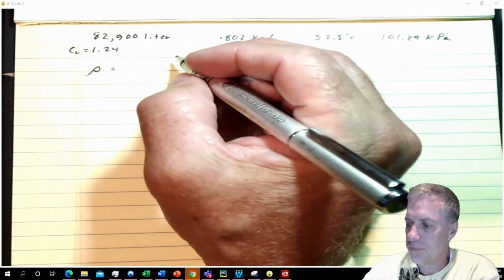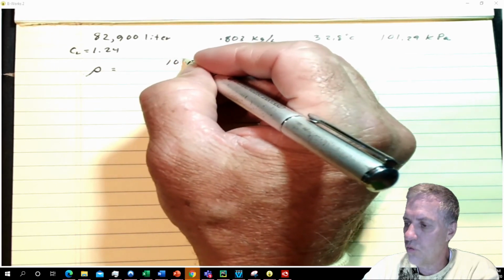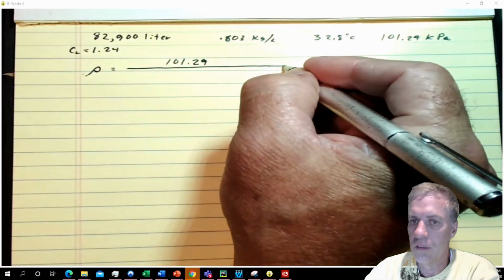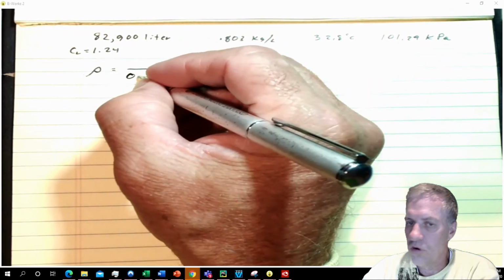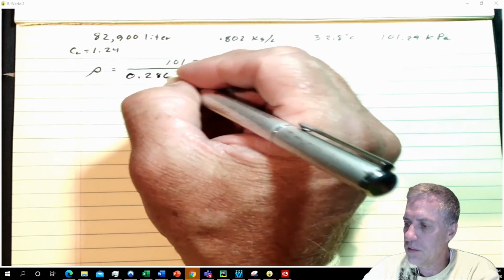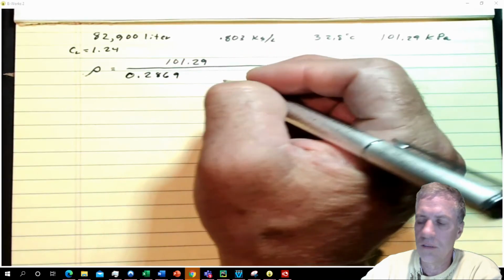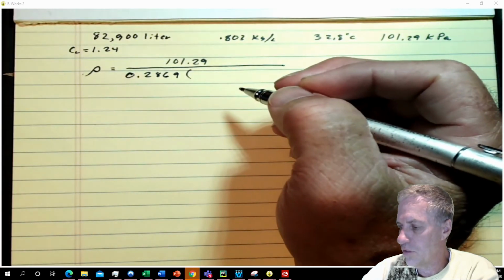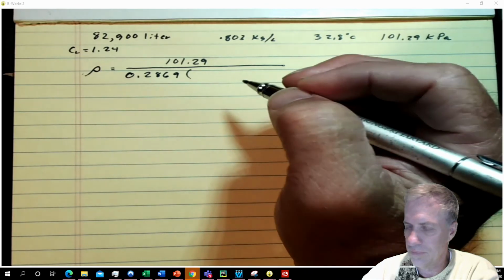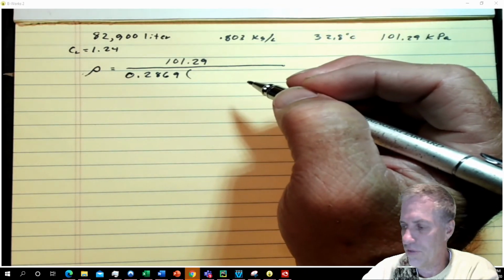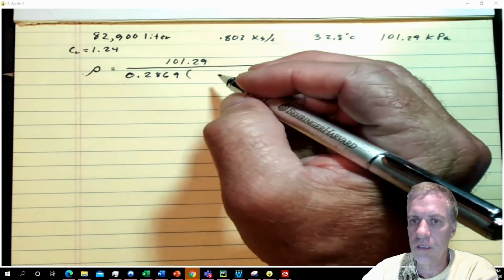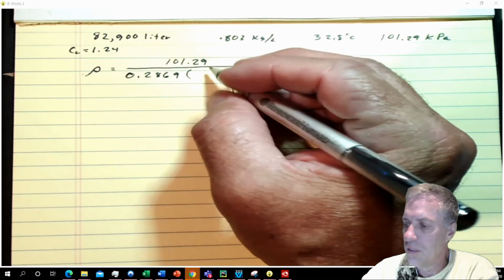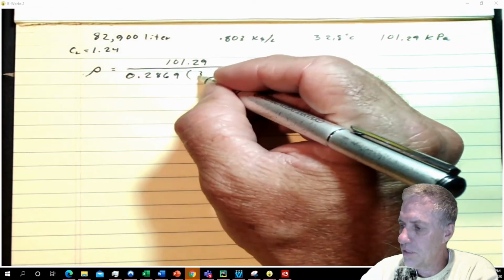Filling in the numbers, we've got 101.29 divided by our 0.2869. And I'm not filling in the units of measure here. Again, if you want to be precise, we can fill in the units of measure and do the cross-canceling. But I know that my answer is going to come out to kilograms per meters cubed. So we're just going to simplify this a little bit.